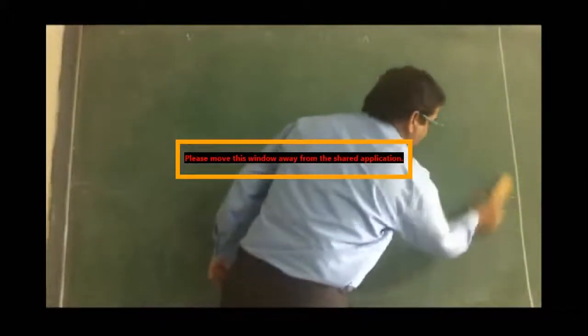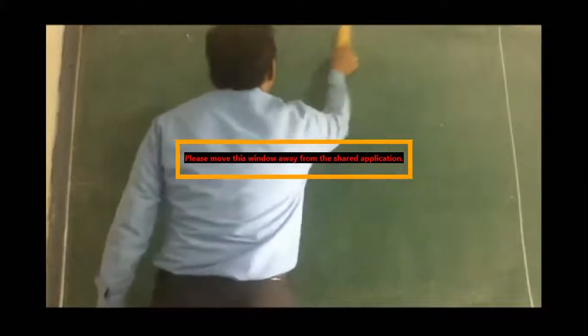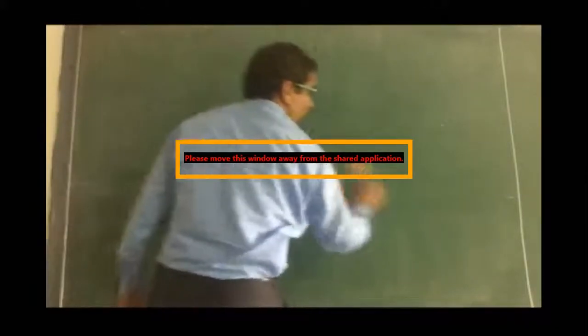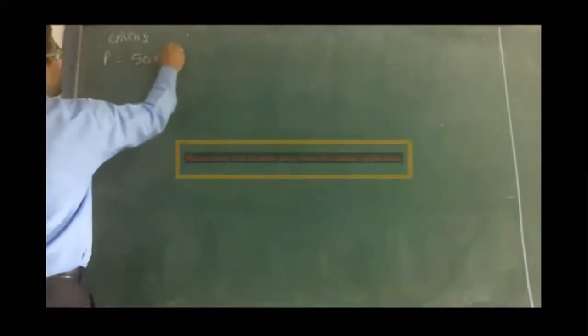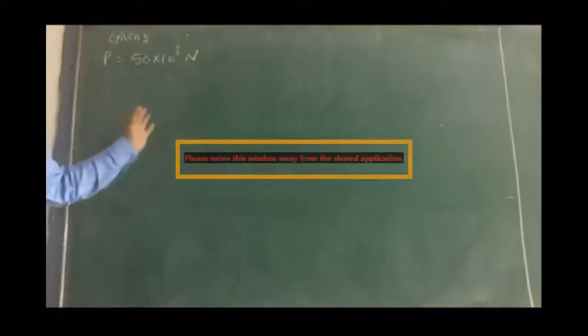Now, whatever we discussed, let's start with the procedure for the knuckle joint. What is given is the load and stresses. P is given as 50 kilonewton, that is 50 into 10 to the power 3 newton.